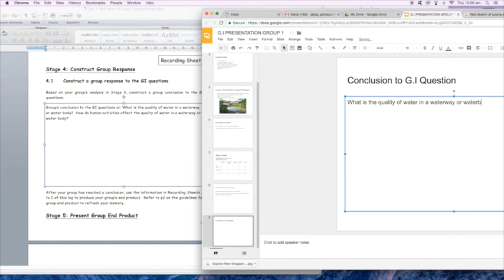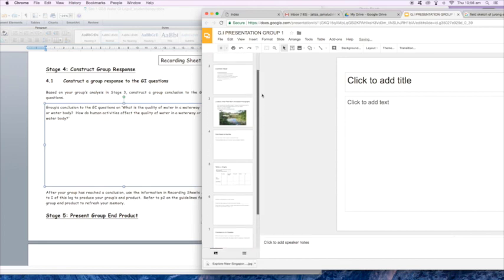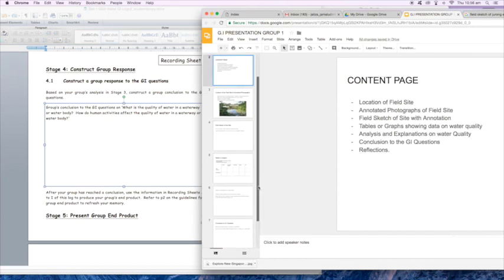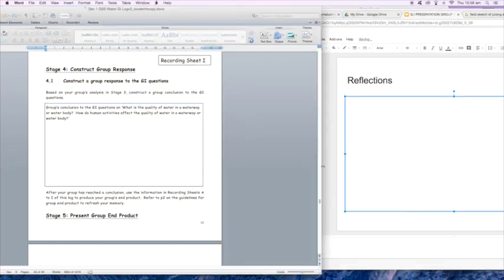How do human activities affect the quality of water in a waterway or water body? So your answer to this GI question. And lastly is your reflections, which you already did in your worksheet. So you basically share them.